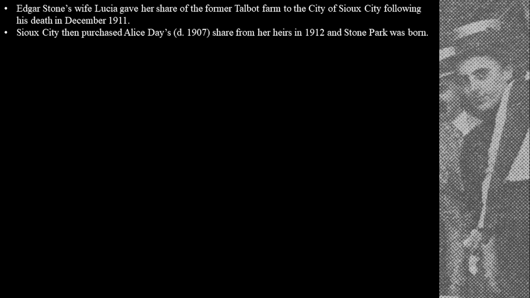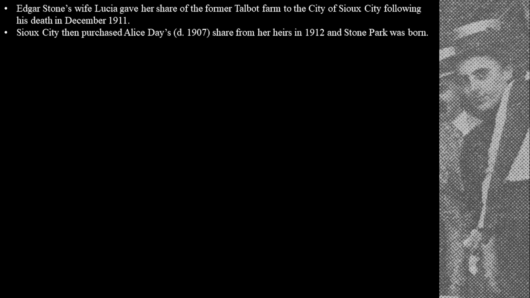Now, unfortunately, I don't have a very good picture of Mrs. Stone, of Lucia Stone, but Edgar died in December of 1911. When he did, his wife, Lucia, decided instead of hanging on to the property, she wanted to give it to the city of Sioux City as a public park.